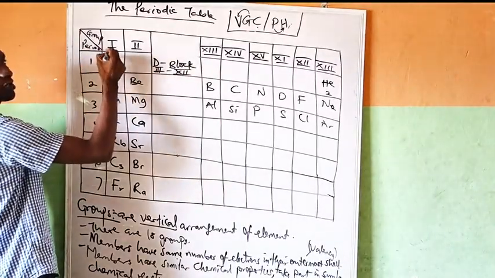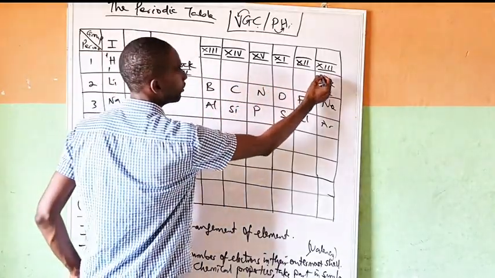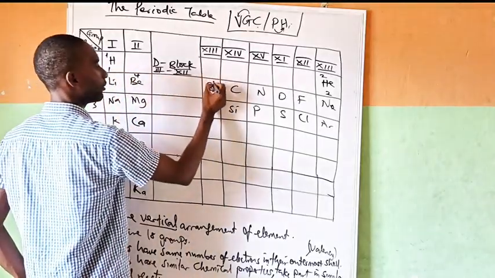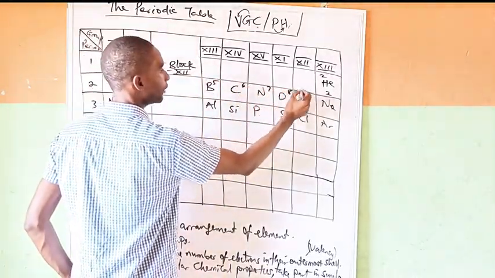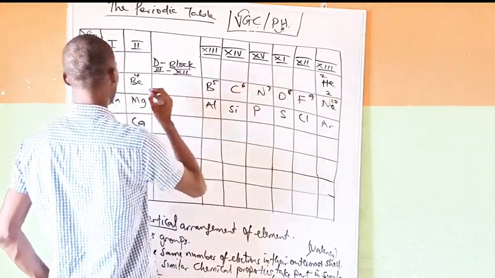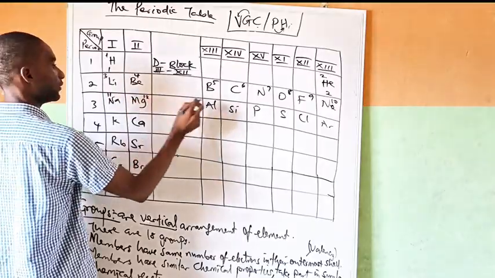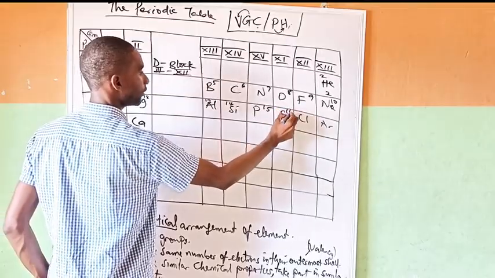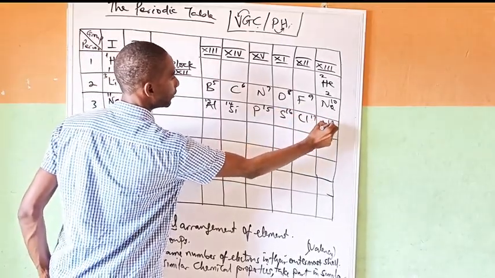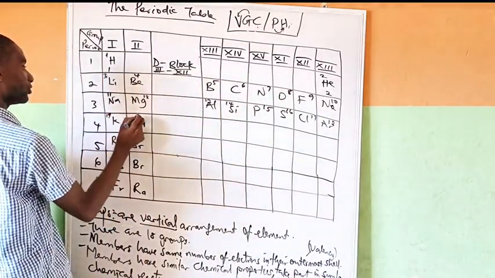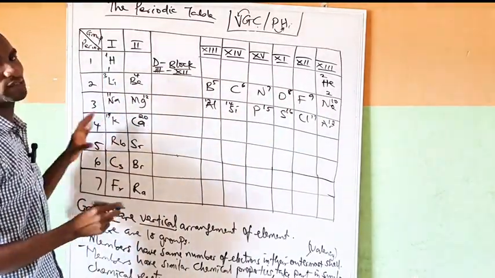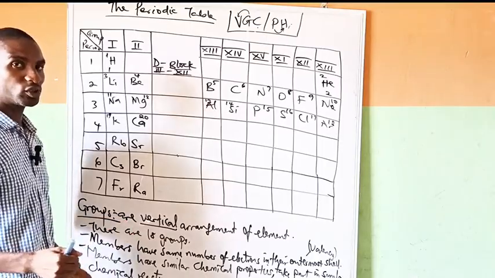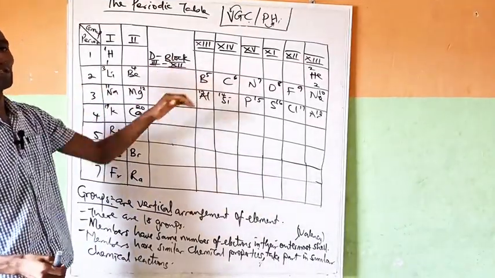Let me label the atomic numbers 3, 4, 5, up to 20. The first 20 elements are going to guide us in this conversation today.